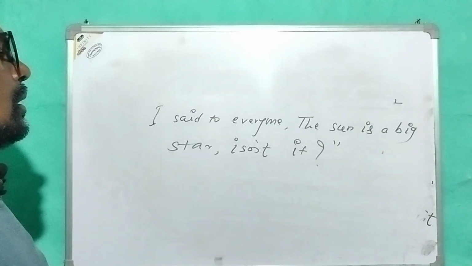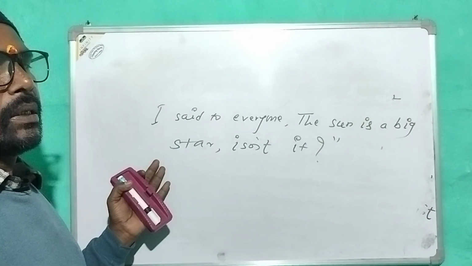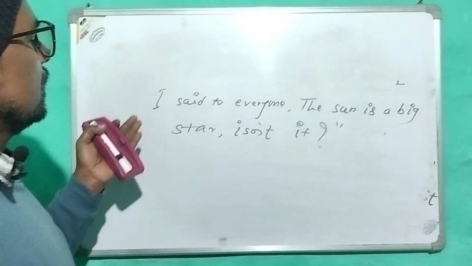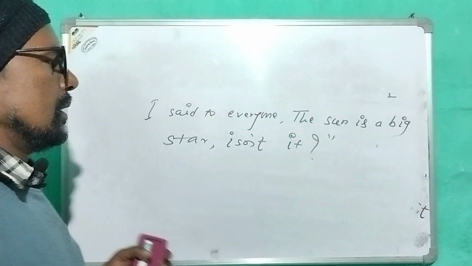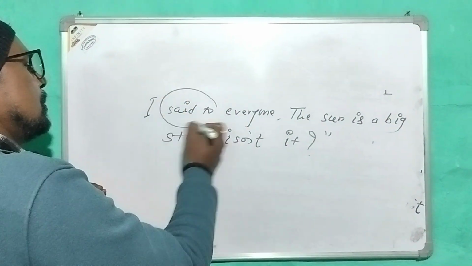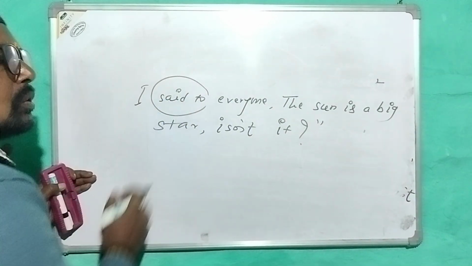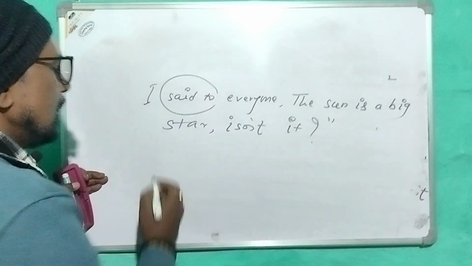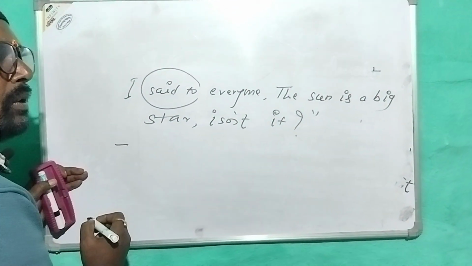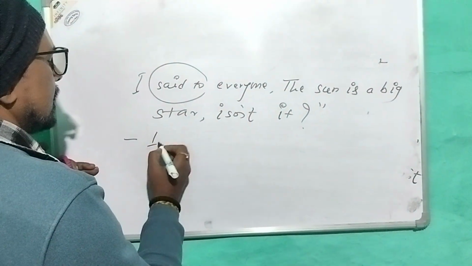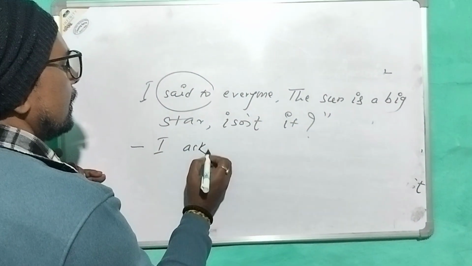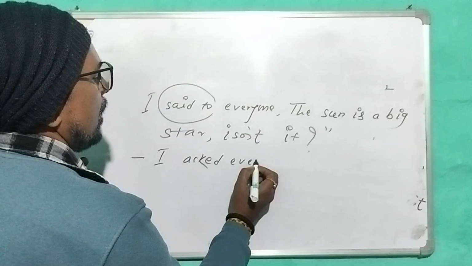The sun is a big star, isn't it? So how do we change the same sentence into indirect narration? Here is also said to, it is the reporting verb, and that's the reported speech. So said to must be changed into asked. So the first step is to write: I asked everyone.